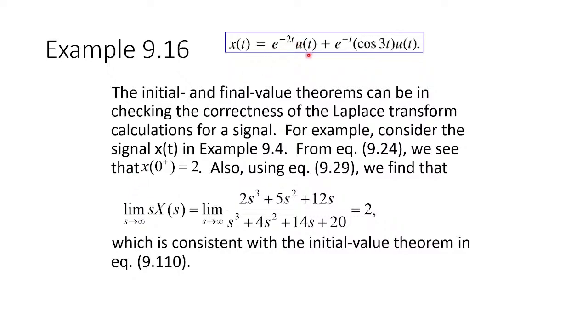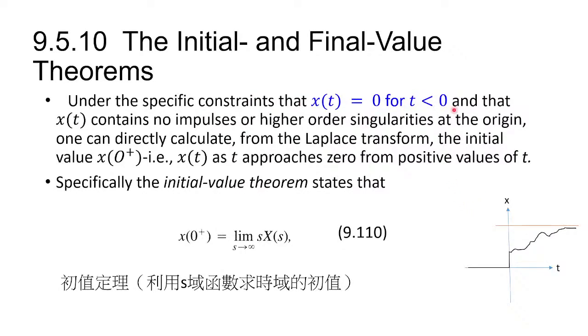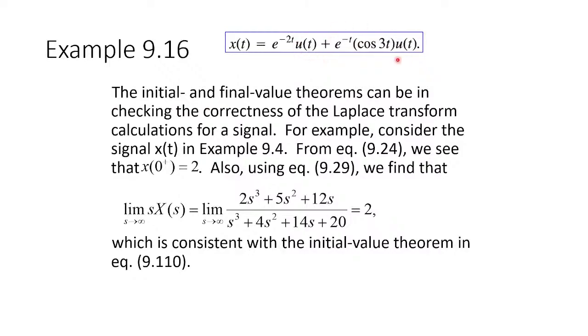So when t goes to 0 plus, obviously they both satisfy our x of t equal to 0 condition, because you have two unit step functions here, and at time 0 plus, you get 1 here. So when t equals 0, this is equal to 1, and this is also equal to 1. So we have 1 plus 1 equal to 2, and so you see that our initial value theorem works here.